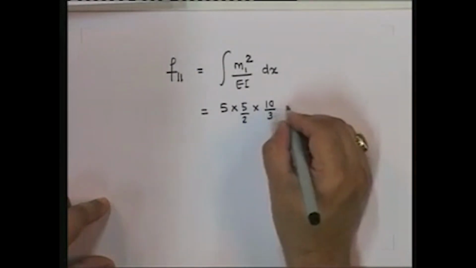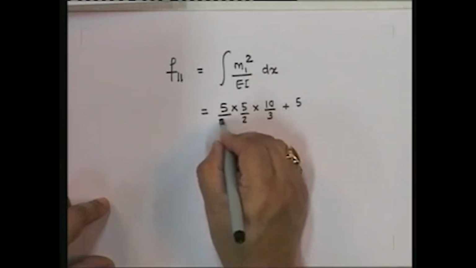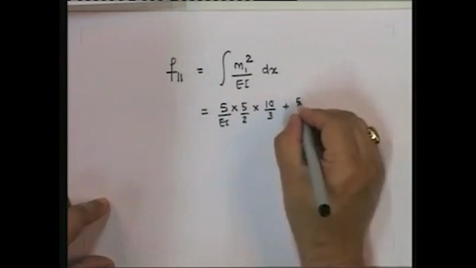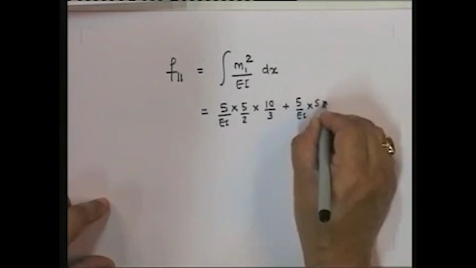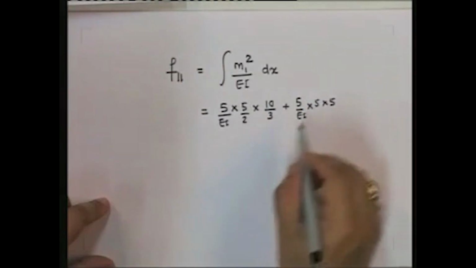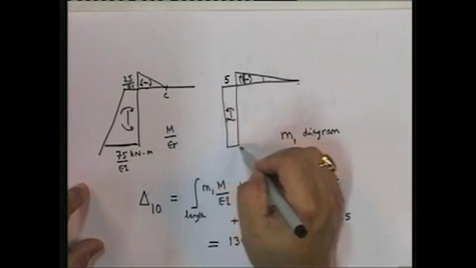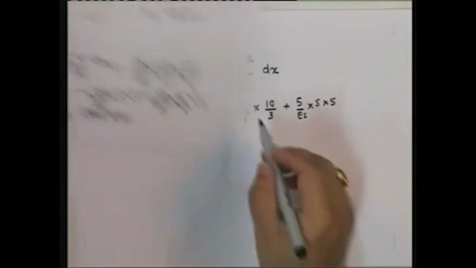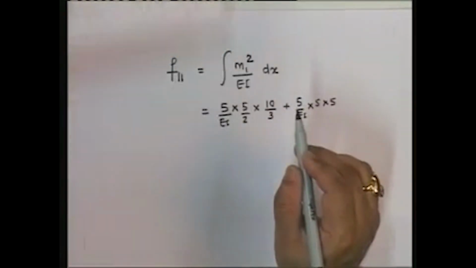Okay. Then plus 5, sorry, this is going to be 5 upon EI because this is the real part, and then 5 upon EI multiplied by 5 multiplied by 5. What are these? This is the integral of m1 squared dx over this length, and this part is the integral over this length.